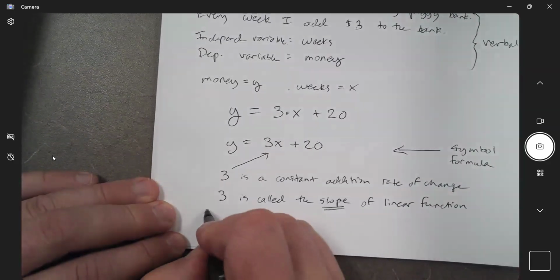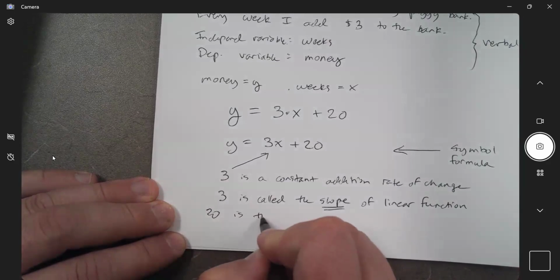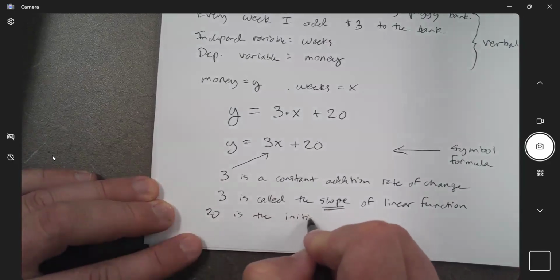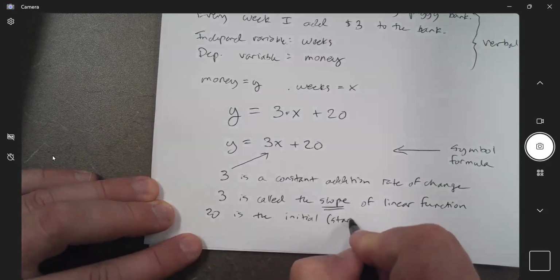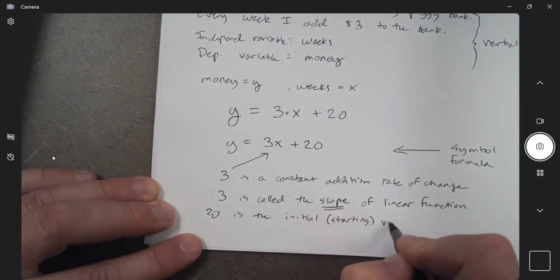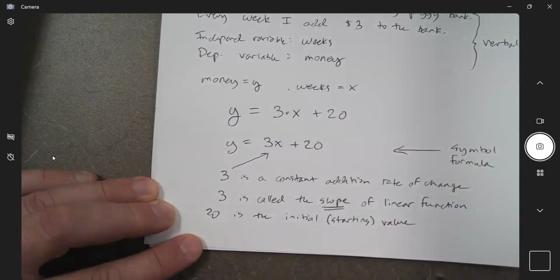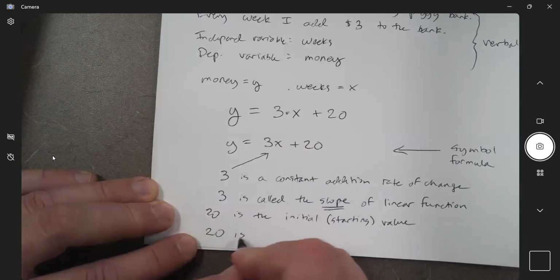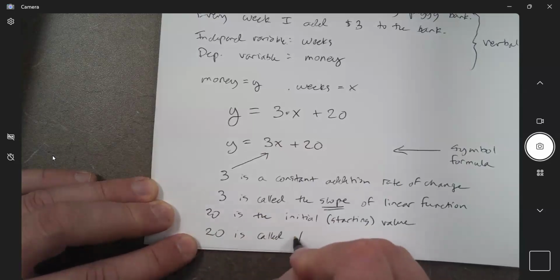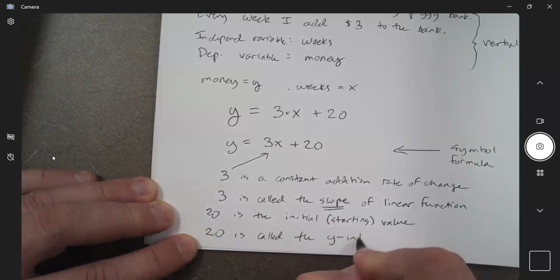And the 20 is the initial or starting value, right? Because I start with $20 in my piggy bank, and we call this the y-intercept.